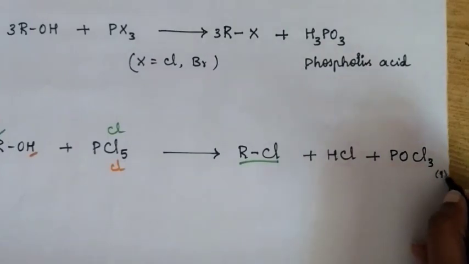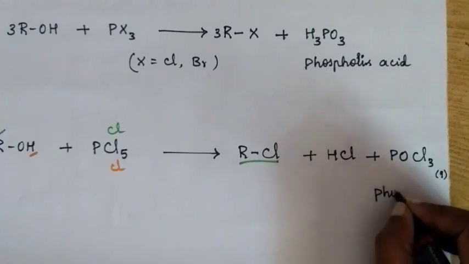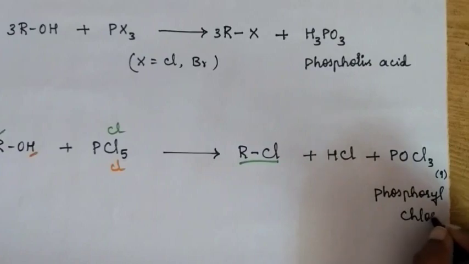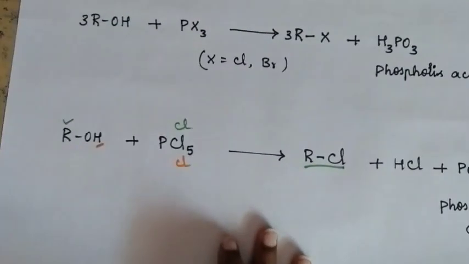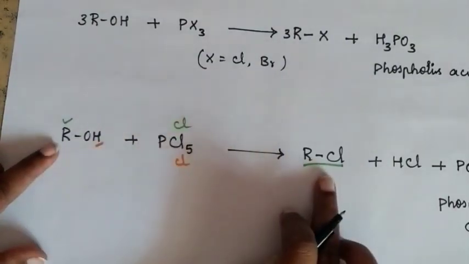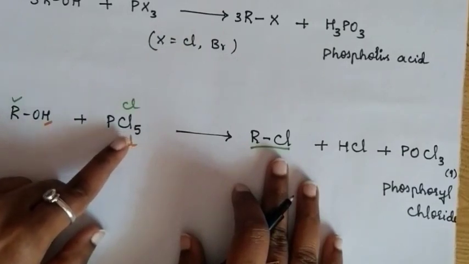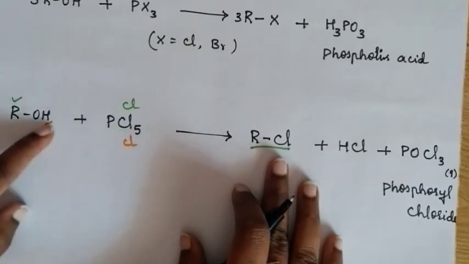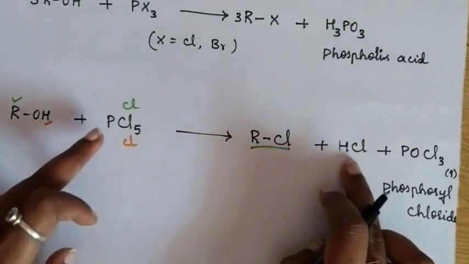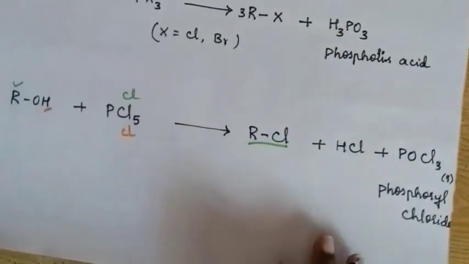POCl3 will form in the form of gas, and the name of this compound is phosphoryl chloride. Understood? When you used alcohol with PCl5, first alkyl halide formed as RCl. Of the remaining 4 Cl, 1 Cl reacted with the hydrogen to form HCl. And the remaining elements are POCl3, phosphoryl chloride.